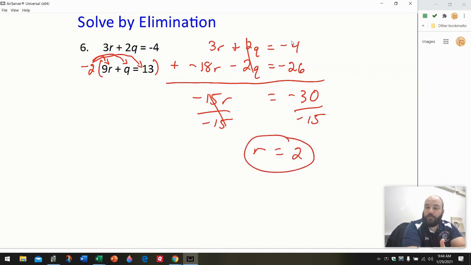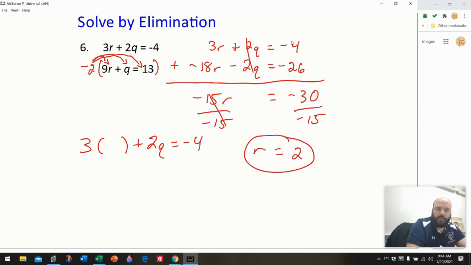So we have one of the two numbers of our ordered pair. The other number we will get by substituting that number 2 back into either the first or the second equation. It doesn't really matter. I'm going to use the first one this time. So we'll write 3 and then r. So I'll put a set of parentheses for the r, plus 2q equals negative 4.